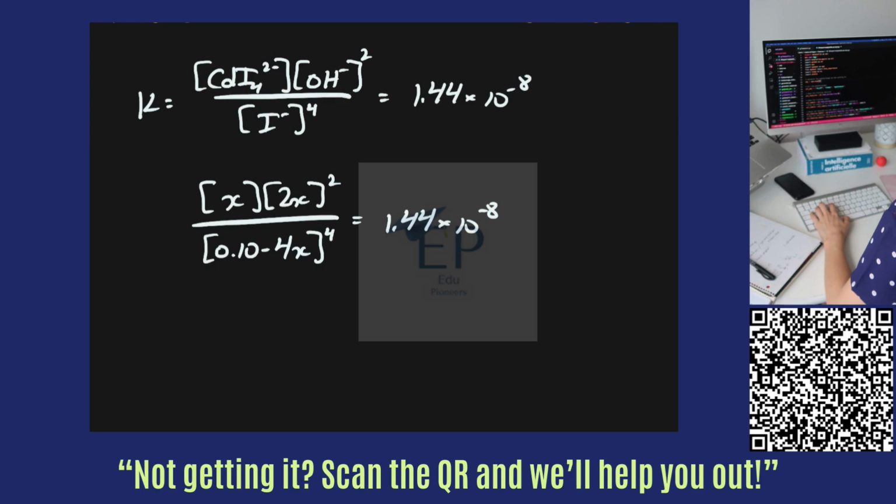In the numerator, we've got x times 2x squared, and in the denominator, we have 0.10 minus 4x, to the fourth.